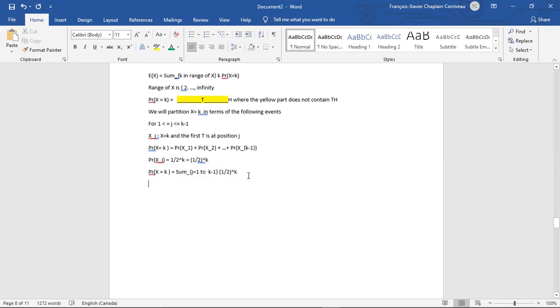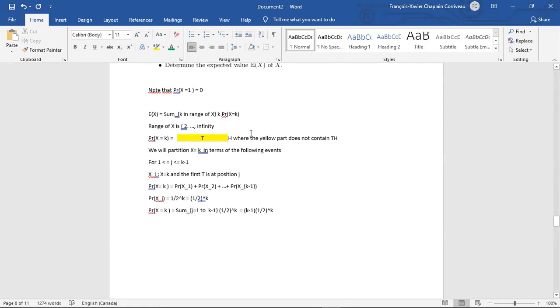Well, there's no j in here. So this is equal to k minus 1 times 1 over 2 to the k. Okay, and now we can use this in the definition of expected value.